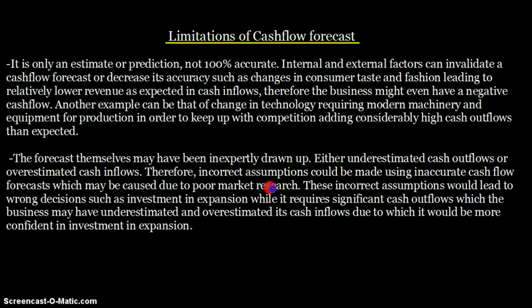Therefore, incorrect assumptions could be made using inaccurate cash flow forecasts, which may be caused by poor market research. We have already talked about the limitations of market research in chapter 3.2, so you can look at that.